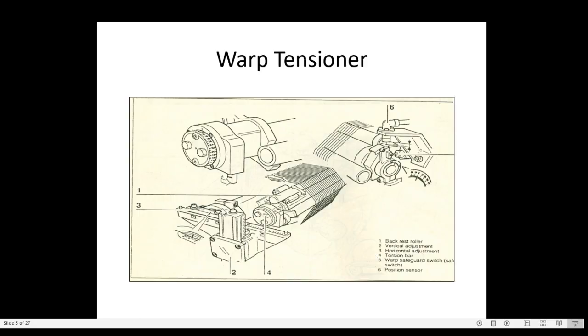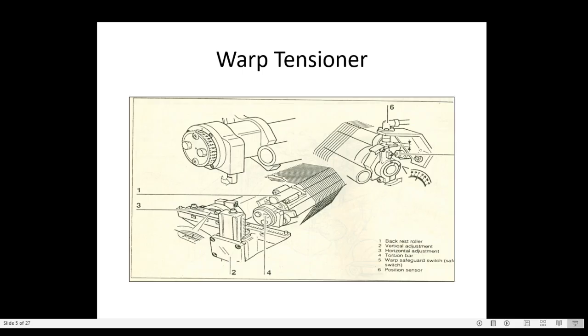The horizontal position of the backrest is also adjusted by the scale. So a vertical scale and a horizontal scale are there on both sides of the machine. The preset tension can be adjusted by adjusting the backrest vertical and horizontal positions, and we adjust this setting until 5 kilonewton comes.